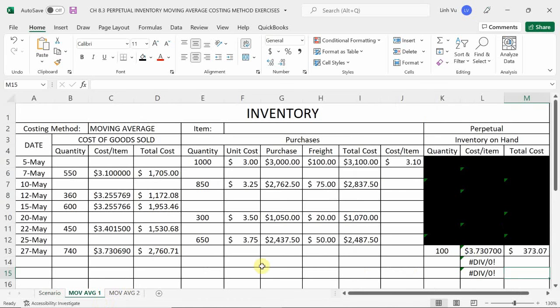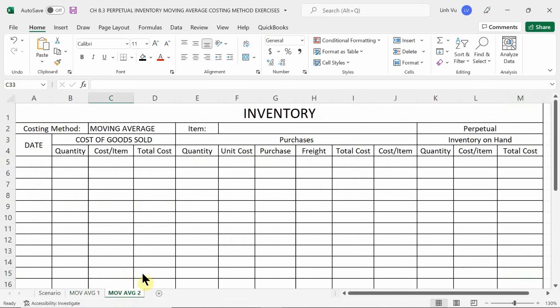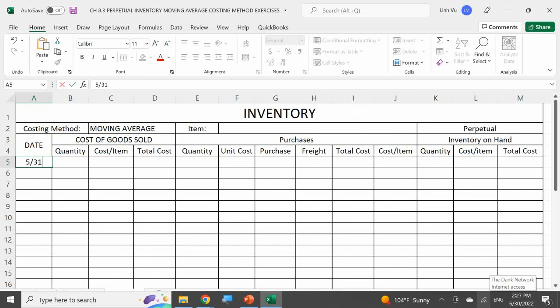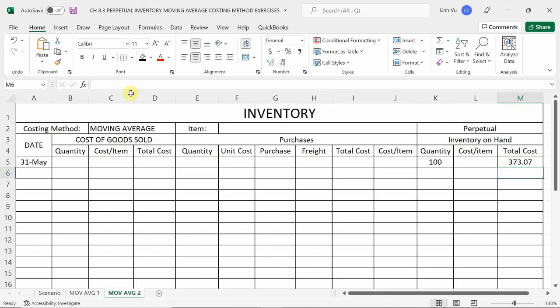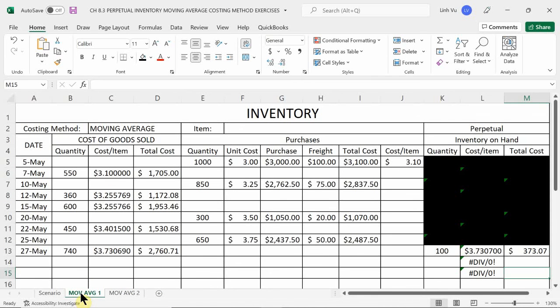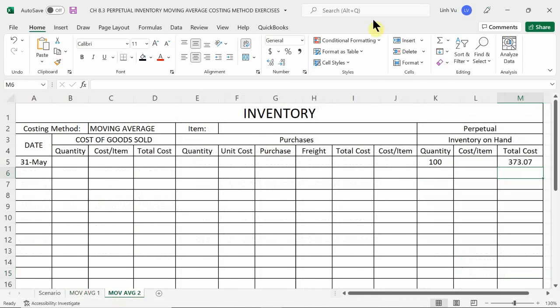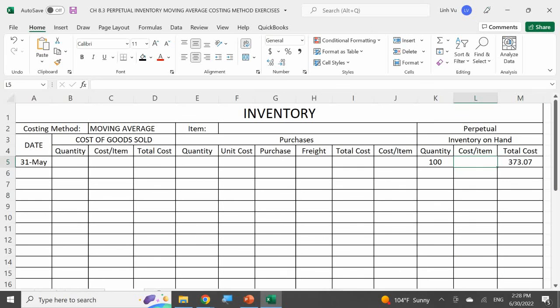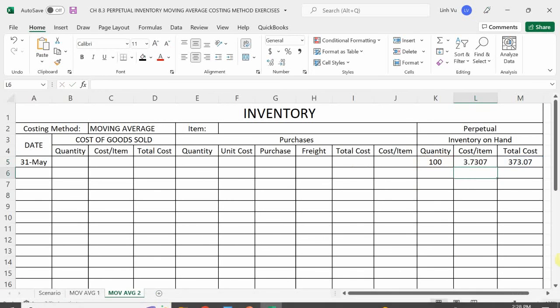So what I'm going to do is take this 100 units and carry it across to my new inventory on hand. In this case, you could put the date here. This is May 31st. We had my total of 100 units at that 3.7307. Or you can copy it from the inventory worksheet here. And I'm going to reinitiate that formula so we can constantly have Excel calculate it for me.